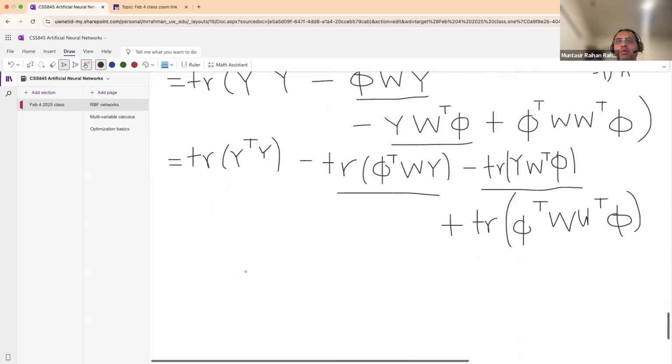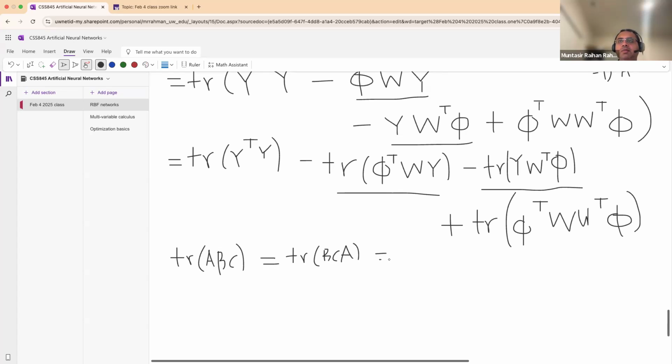Now, if you recall, a property of the trace is that if you take the trace of, let's say, A, B, and C, I can cyclically move around these matrices and I have the same trace. So I can move B and C to the front, and then I can take A to the back.